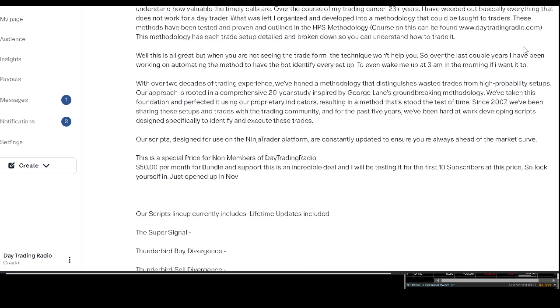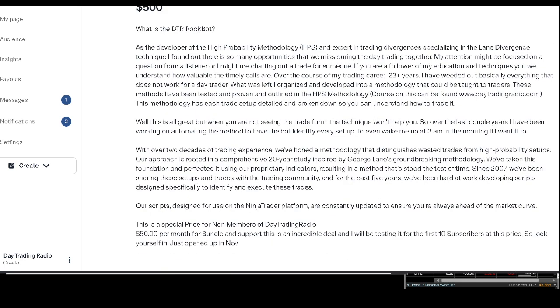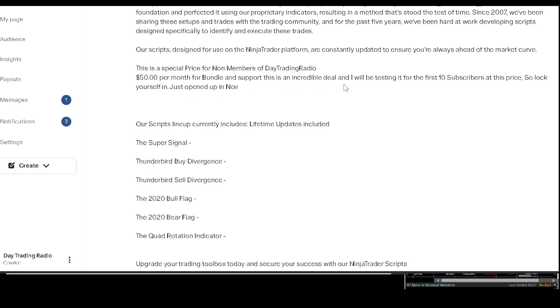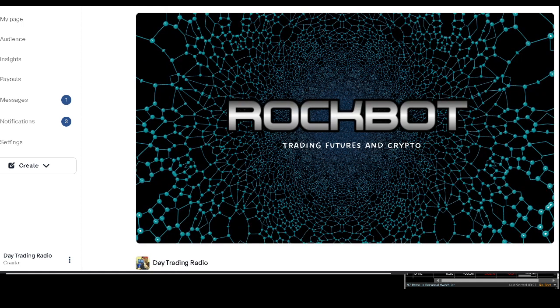There'll be instructions with the scripts. You just email me at ironaction@yahoo.com your machine code, so I could set the permissions for that. And that is good for life and all the updates. So that's, again, 2 files. You download it right there. So that's how you would go get that.